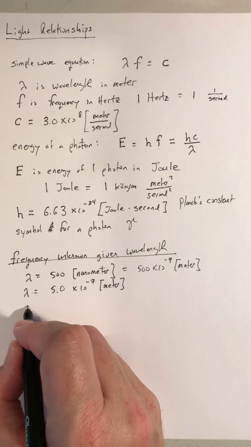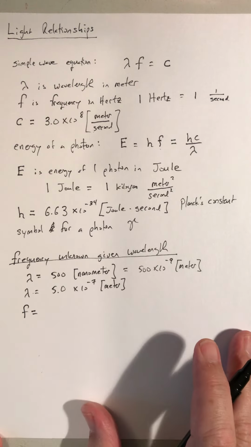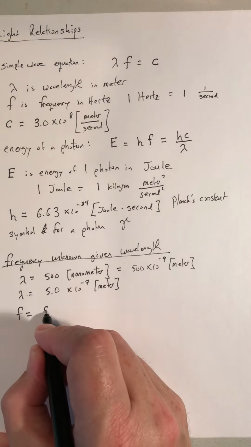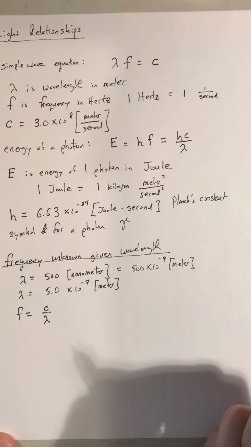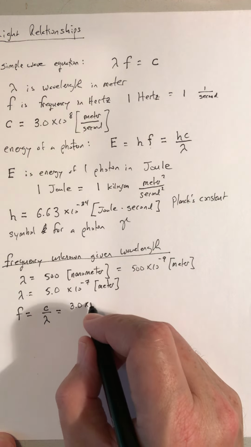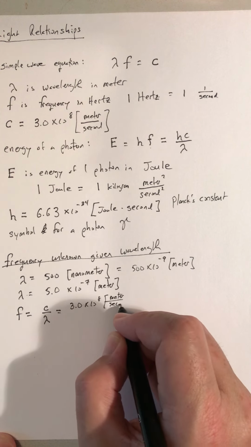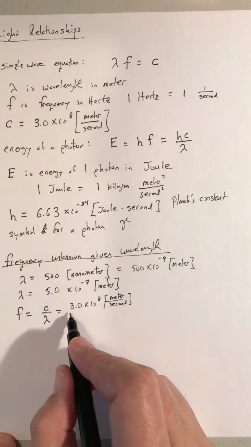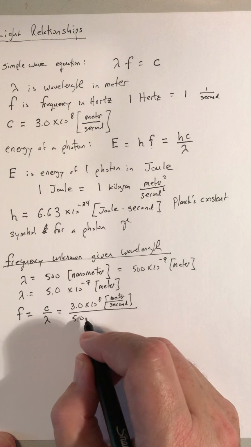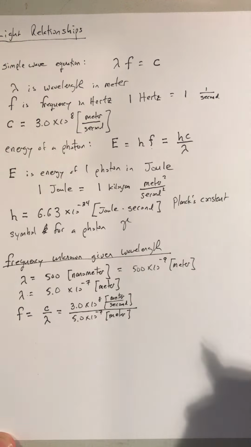We want to know what the frequency of one of those photons is. Frequency is going to be c over the wavelength, speed of light over lambda. So we've got 3 times 10 to the 8th meters per second over 5 times 10 to the minus 7 meters.